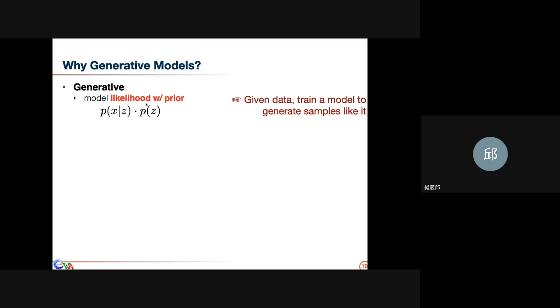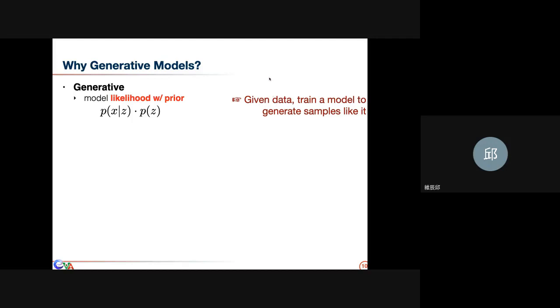it can be understood from another perspective. This is the way that I personally prefer. The generative model models the likelihood with the prior, and it can be understood by this sentence: given some data X, I would like to train a model to generate samples like the given data.